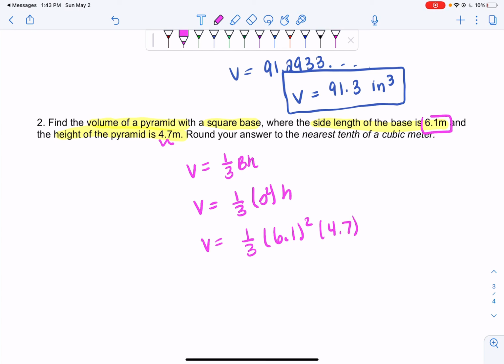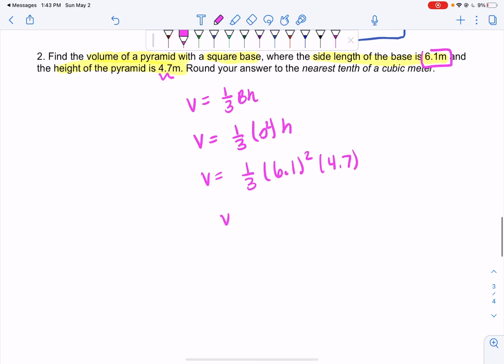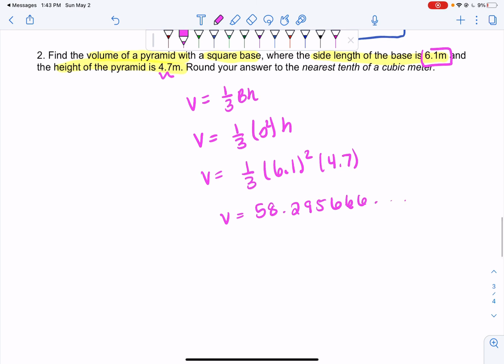When I type that into my calculator, I get 58.29566 repeating. So if I want to round this to the nearest tenth, how would I do it? Very good. My final answer would be 58.3 meters cubed.